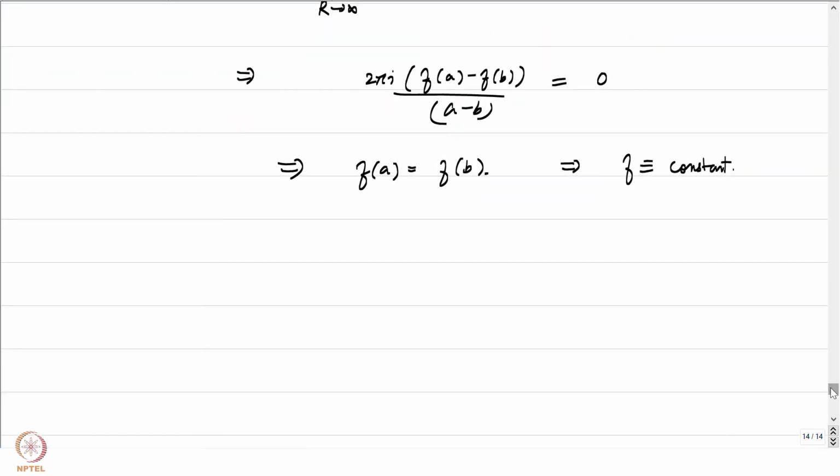Let's look at another application of Liouville's theorem.